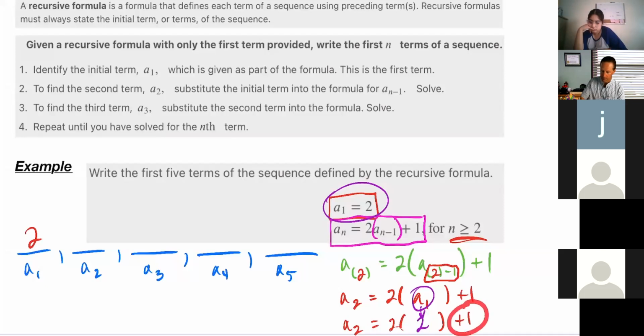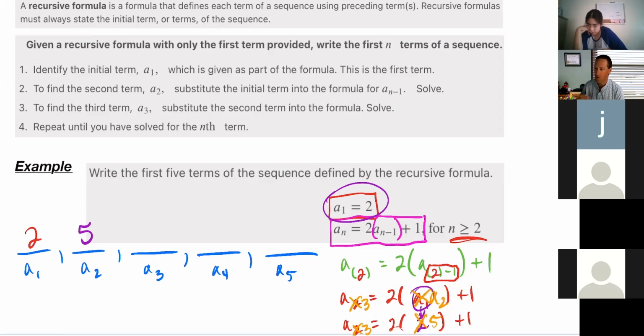Plus 1. 5. Good. Now what are we going to do with that 5? Multiply by 2. To find the third term, I need to know the second term, which we just found is 5. So now we'll take that and double it and then add 1.